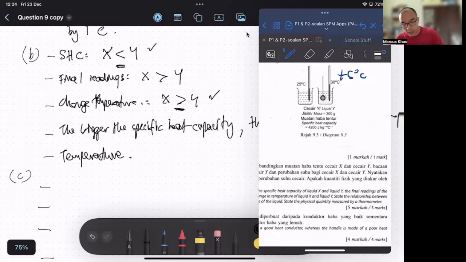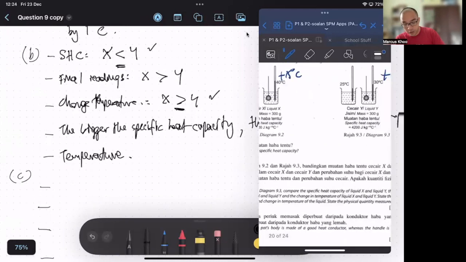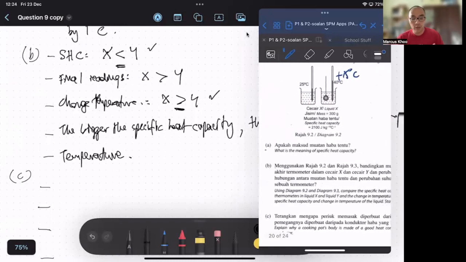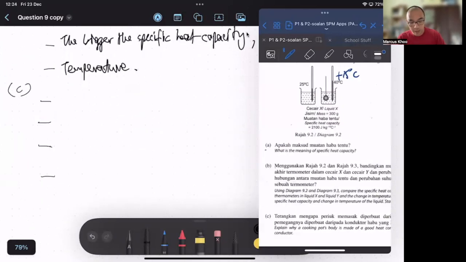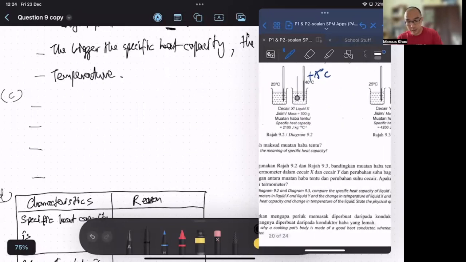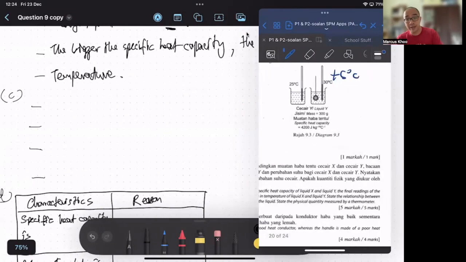Fine. Now explain why a cooking pot's body is made of good heat conductor, whereas the handle is made of poor heat conductor. Since this is specific heat capacity, you need to talk about specific heat capacity. It's a 4-mark question, so you need to have 2 marks allocated for the cooking pot body and 2 marks allocated for the handle.